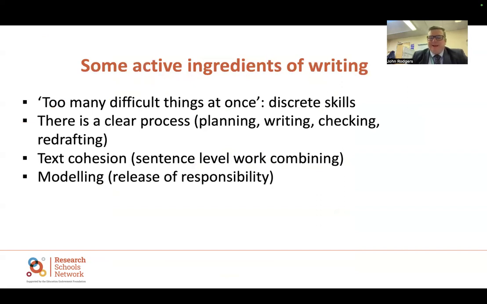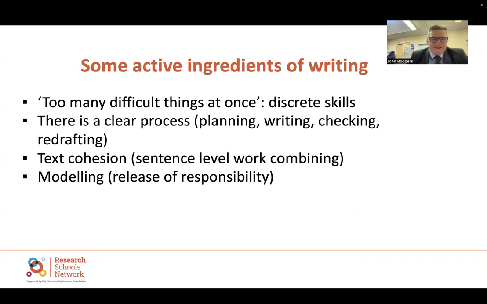So some of the things we perhaps need to consider then are certainly the fact that it's a very complex skill to be asked to produce high quality written responses in any subject. There's going to be lots of difficult things that they're going to be asked to do all at once, no matter which model you're using. There's lots of things for students to consider. Lots of discrete skills as well. So we know there's a process involved.